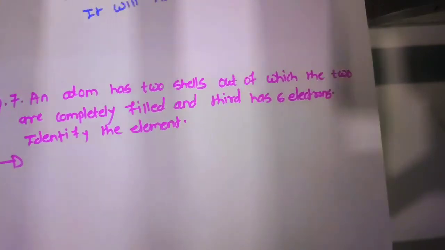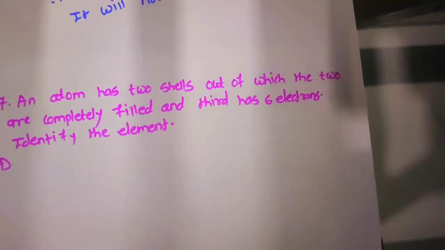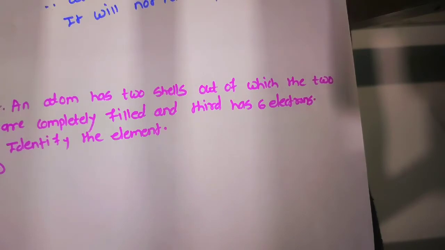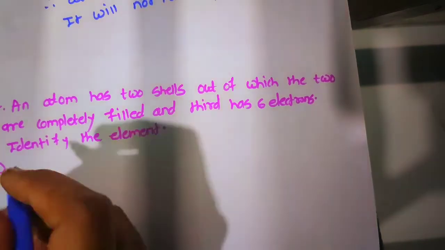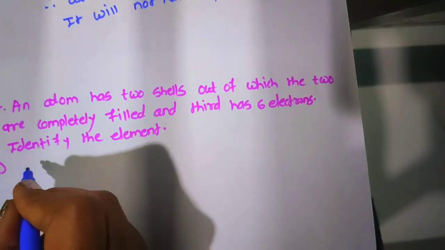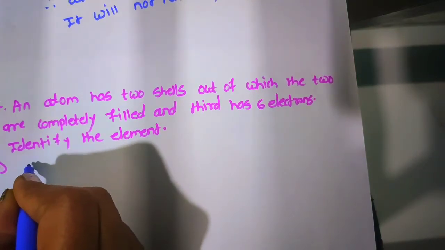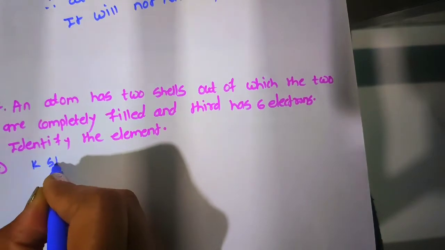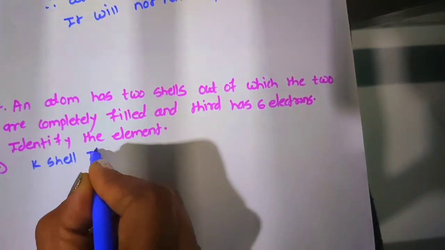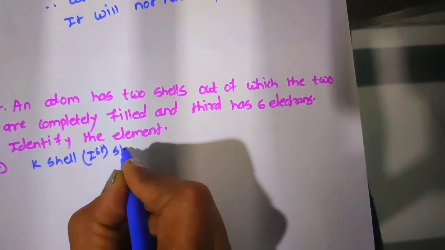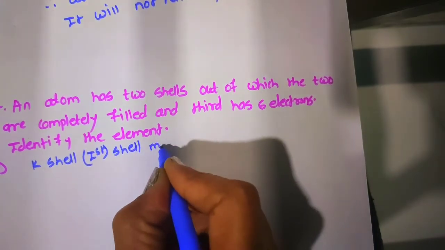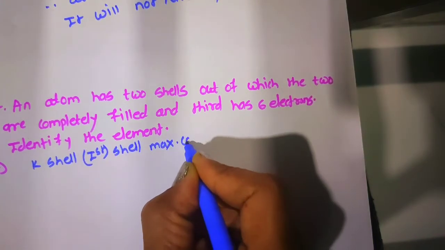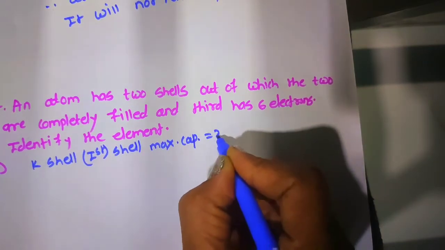Now we will move towards the next question, the seventh question. An atom has 3 shells, out of which the first 2 are completely filled and the third has 6 electrons. Identify the element. You should know the K shell is the first shell, with a maximum capacity of 2 electrons.